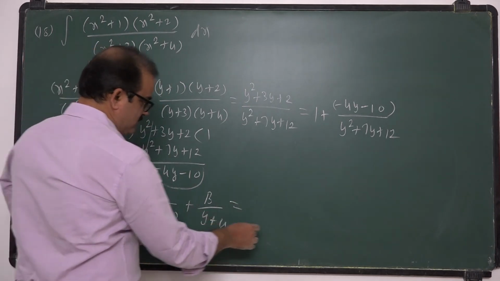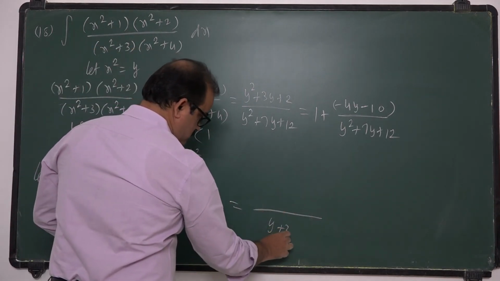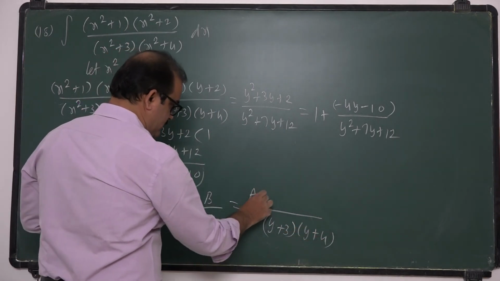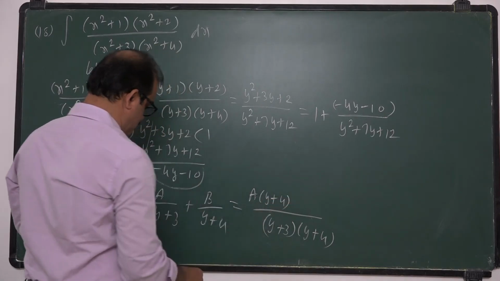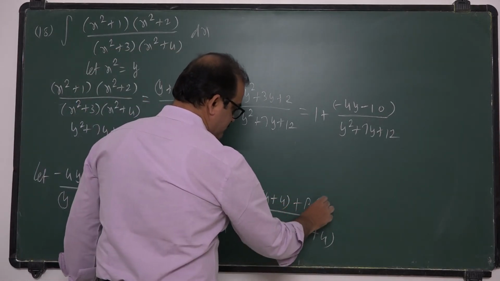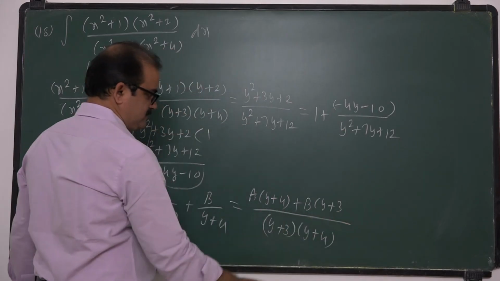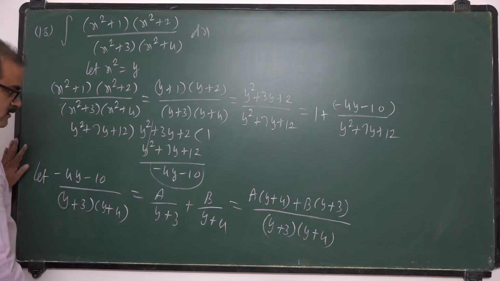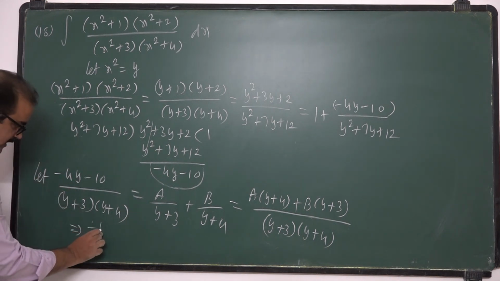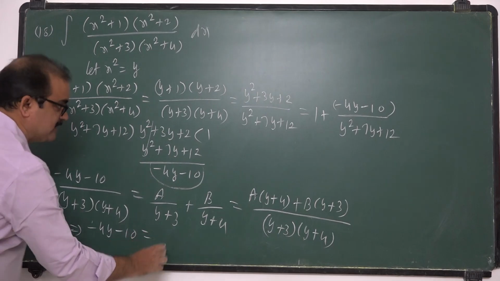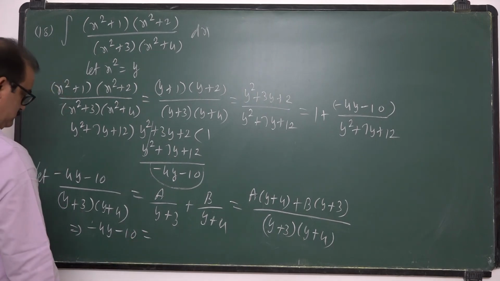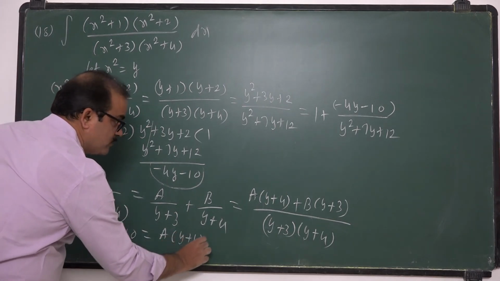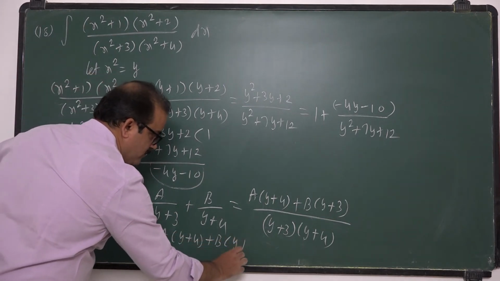What is the LCM of these two? In numerator we get a into y plus 4 plus b into y plus 3. Equating the numerators, we get minus 4y minus 10 is equal to a into y plus 4 plus b into y plus 3.